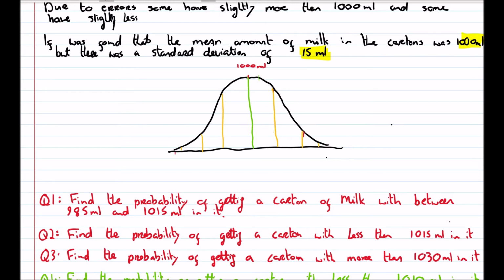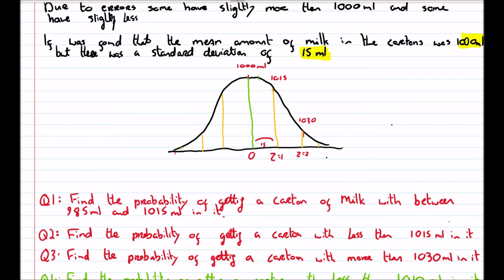Right, so let's just sketch it out. So we have 1000 millilitres on the mean, so a z-score of 0. At z equals 1, we add 15, because it's to the right, it's more than the mean. So it's 1015. Add another one for z equals 2, and that will be 1030.